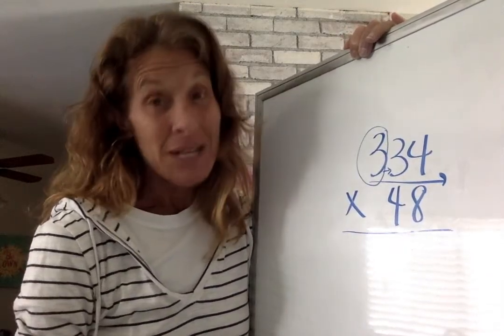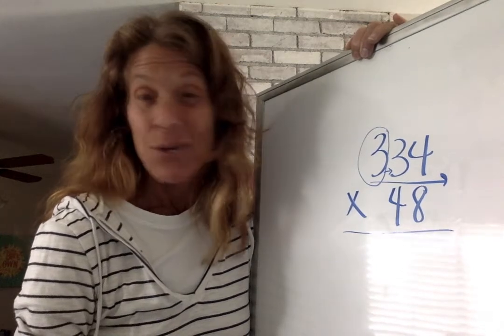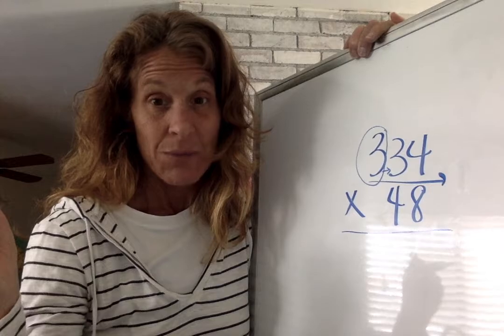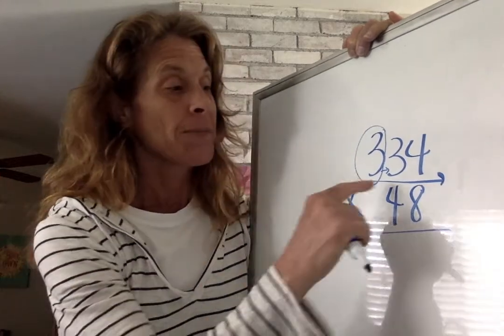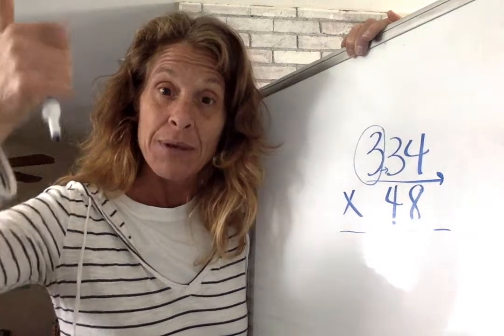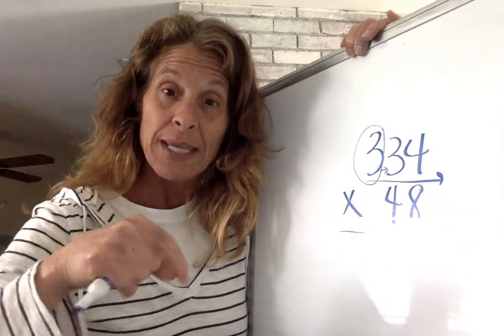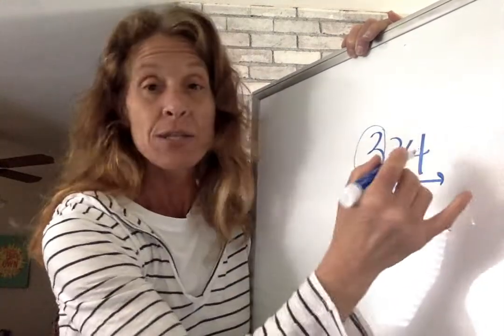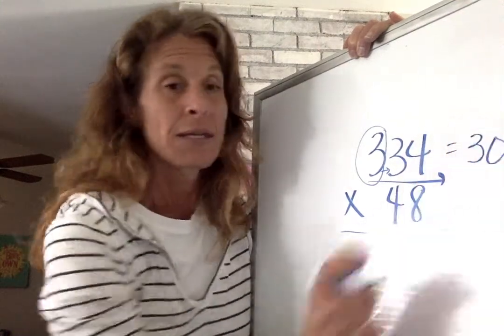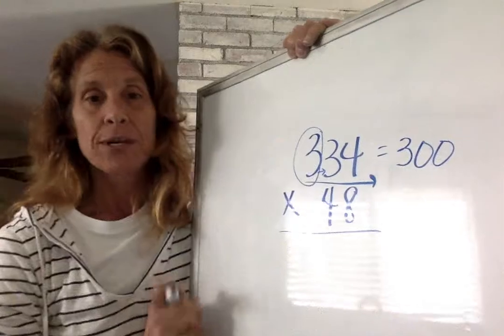That guy is smaller than 5. So it doesn't make sense for us to jump all the way to 400, right? So remember, 5 and above, we round up, and below is we round down. So this 334 actually can get rounded to 300.